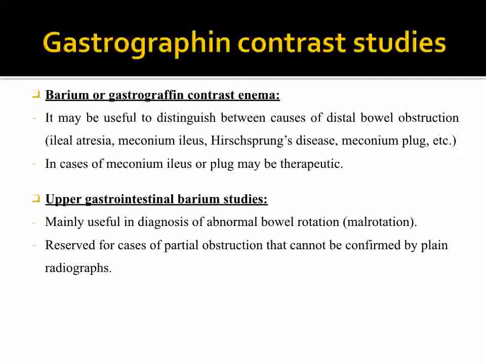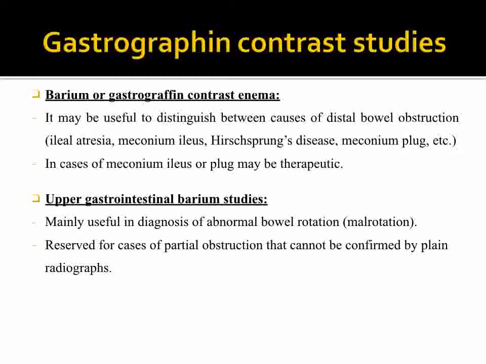In the upper GIT series, upper gastrointestinal barium or gastrographine studies, this is mainly useful in the diagnosis of abnormal bowel rotation, which we call intestinal malrotation. So it is only done for cases of partial obstruction that cannot be confirmed by plain radiographs.